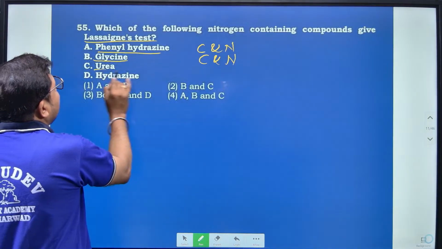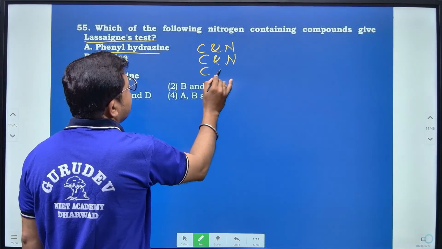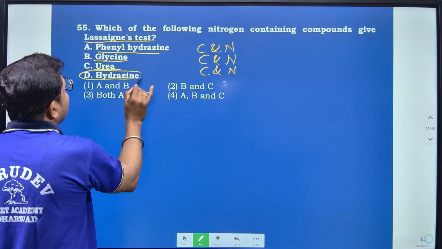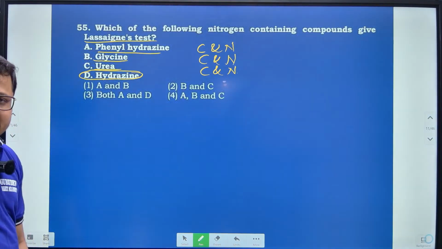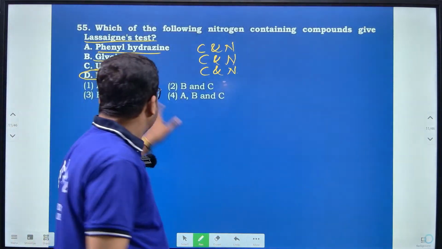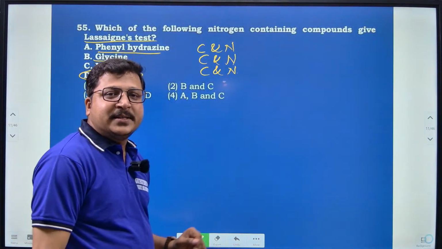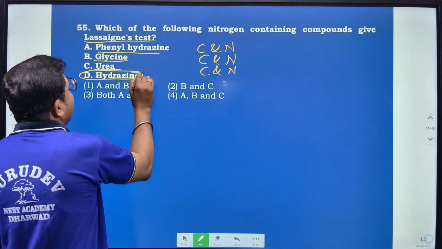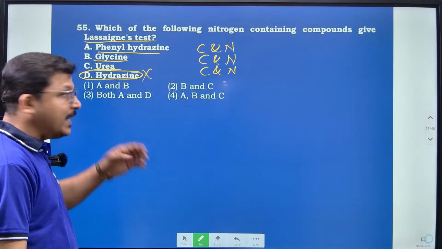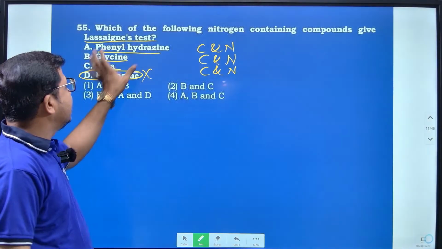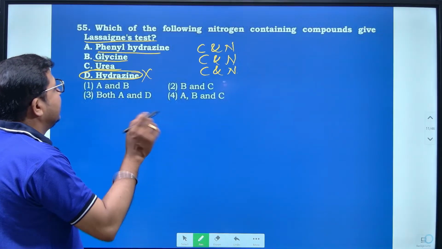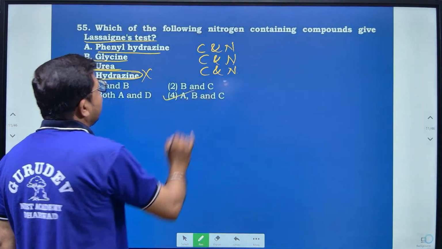And in the structure of urea also there is carbon and nitrogen present. The only one that is different is hydrogen. Hydrogen does not contain carbon at all. Therefore, the only compound which is not containing carbon is hydrogen, so hydrogen does not give Lassaigne's test. Therefore, the right option is option number 4.